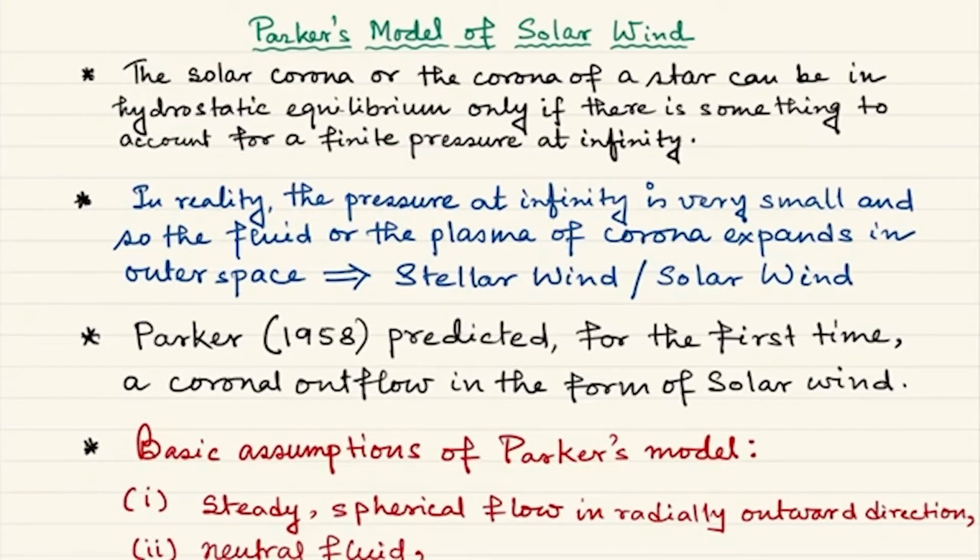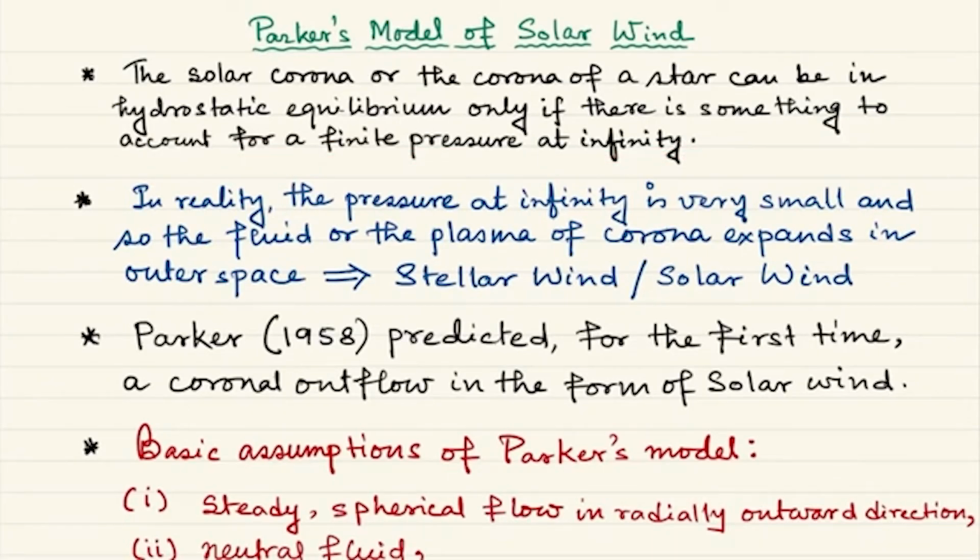Or in an alternative way, one can say that the corona of a star can be in hydrostatic equilibrium only if there is something to account for a finite pressure at infinity.